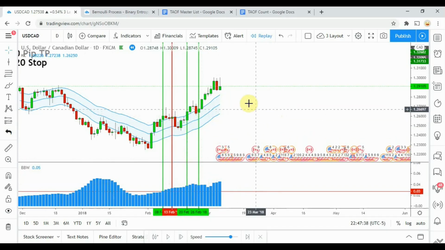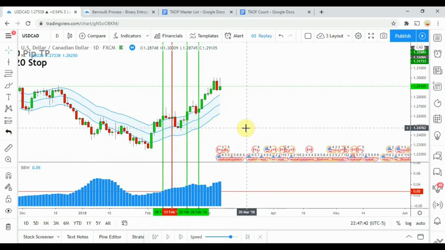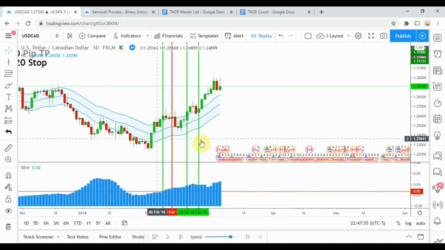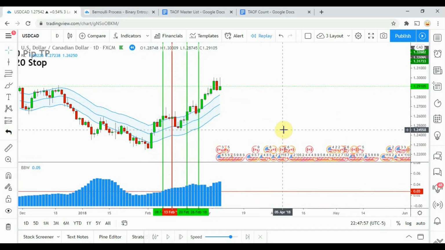Now notice how we are not getting pinballed in and out of trades because we are using the Keltner channel to give us some breathing room, and we are using our Bollinger Bands as a range filter and a volume or momentum indicator as well.